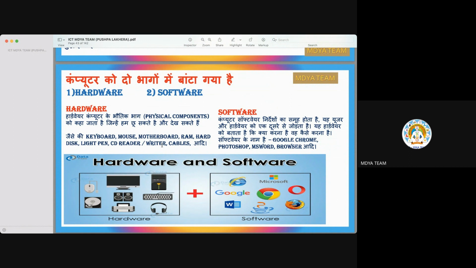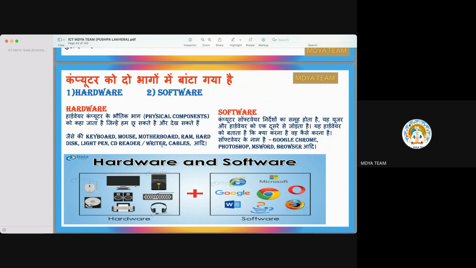So you communicate with hardware what you want from the system. So that is software, the programming which is done. Software, you can say, Google Chrome, Photoshop, MS Word, browsers, all those are nothing but certain programs, certain groups of instructions.